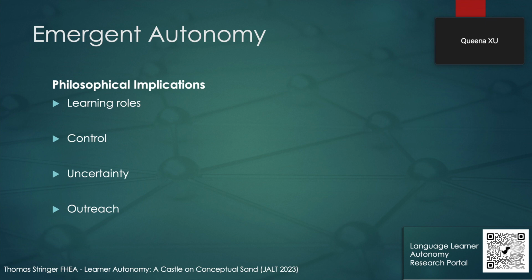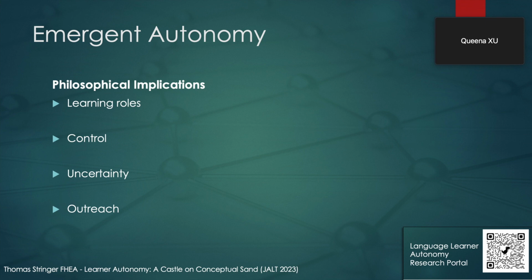So, what does this mean for us? If we accept the idea of autonomy as an emergent phenomenon or an epiphenomenon, what could that mean? Well, it has some philosophical implications for us. It'll require us to fundamentally transform the way that we understand the learning environment and our role in it. It implies the need for mutual trust and respect, and also distributed control over learning.